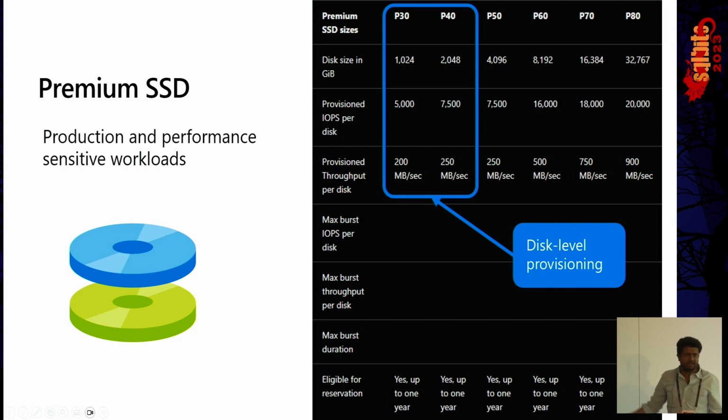Whereas if you take a Premium SSD V2, you can configure from 1 gigabyte to 64 terabytes, and you can configure IOPS from 3,000 to 80,000. It is dynamically scalable, whereas Premium SSDs are only scalable. You can only pick either P30 with so-and-so IOPS or P40 with so-and-so IOPS. You can't change them. Those are fixed. Okay?